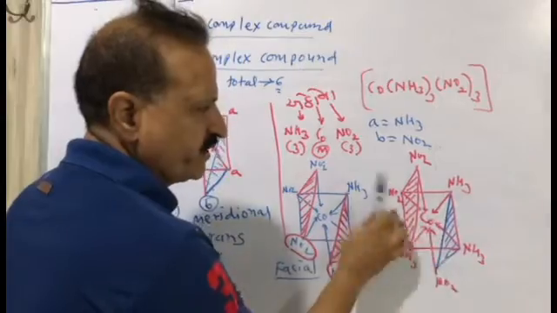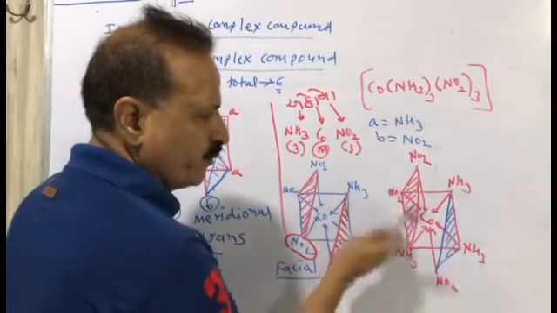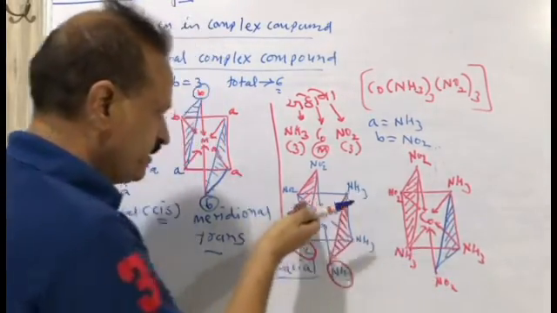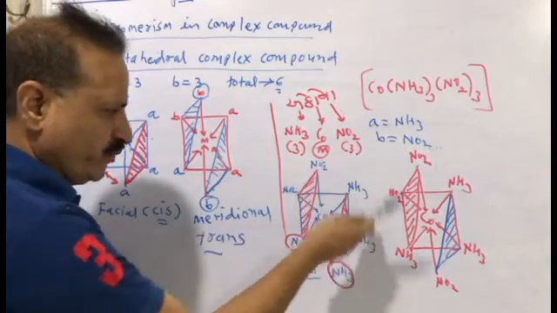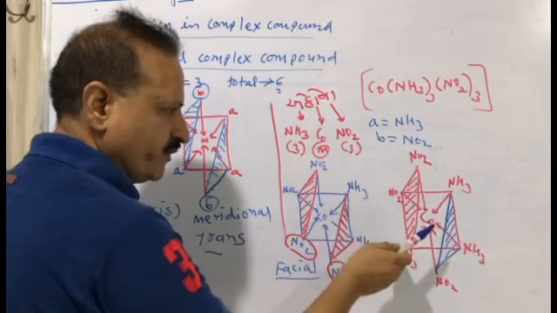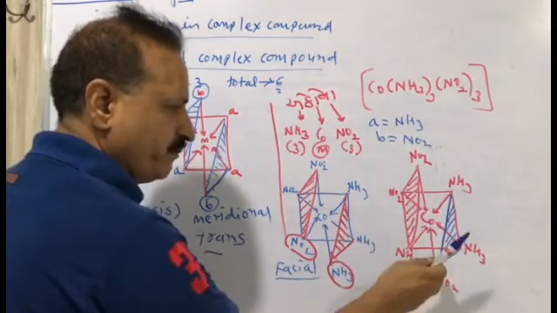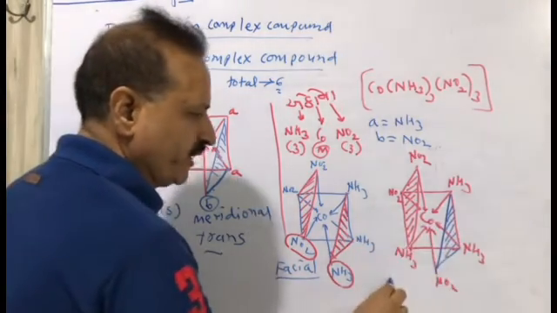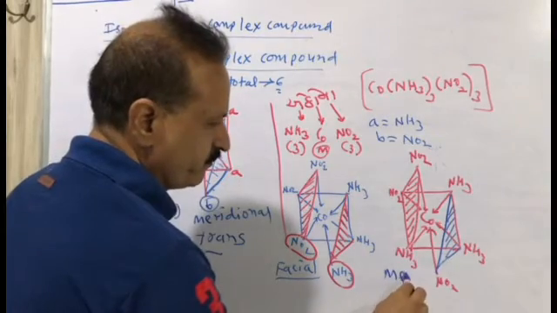This is not facial because the same ligands are not on the opposite side. Here nitro is the same, ammonia is the same. Here nitro is not the same, ammonia is not the same. In place of one nitro there is one ammonia, and in place of one ammonia there is nitro. So it is meridional.